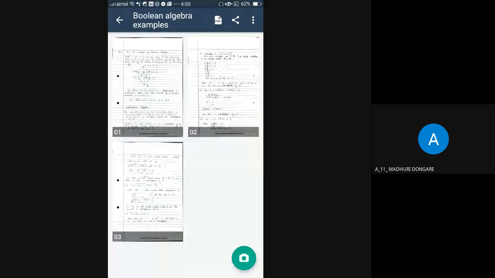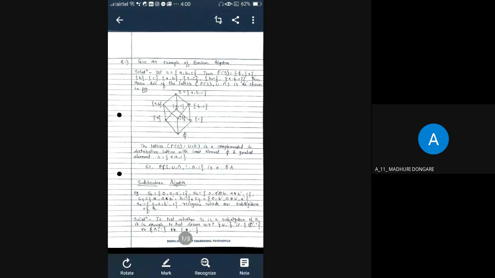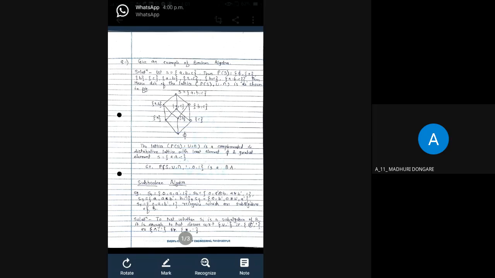Okay. So here they have given one example of a Boolean algebra. Let S be the set {A, B, C}, and the power set of S is defined as phi, {A}, {B}, {C}, {A, B}, {A, C}, {B, C} and {A, B, C}.